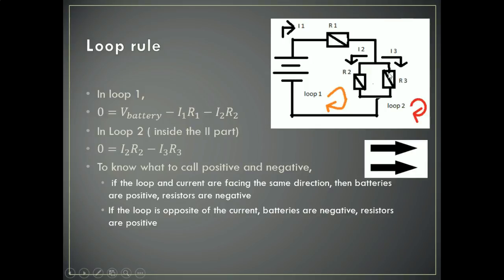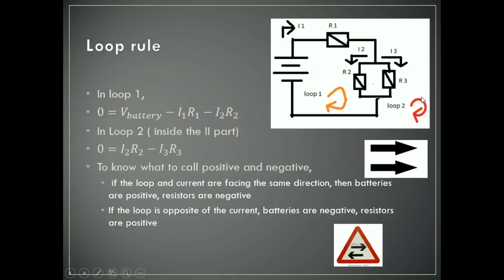And then in this little loop, you get the best of both worlds, because on one arm, the right arm, they're both going the same direction. So they're both going clockwise.